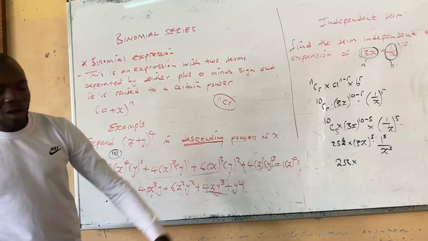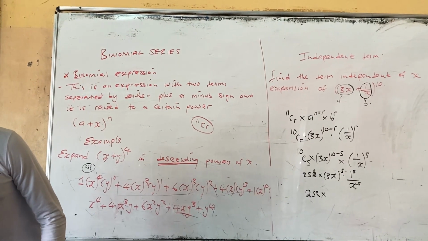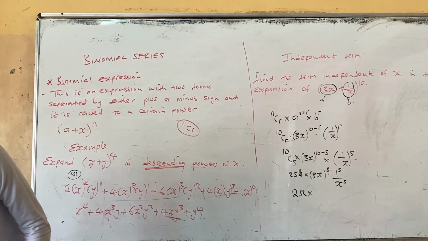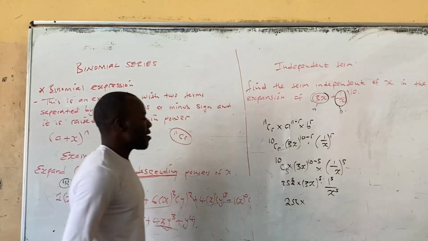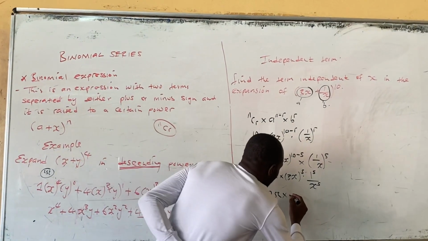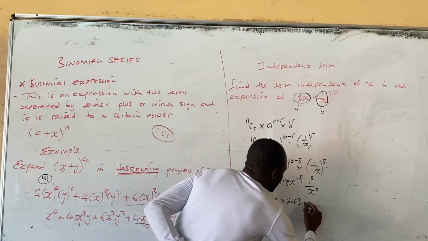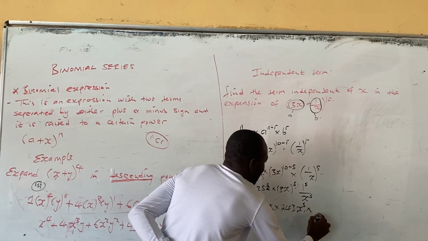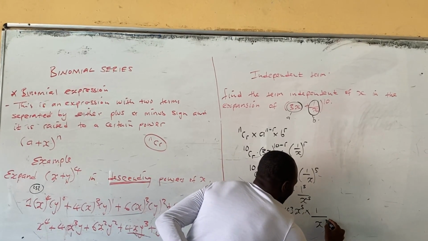What is 3 to the power 5? 3 to the power 5 is giving us 243. So this is 243, then x to the power 5, times 1 over x to the power 5.